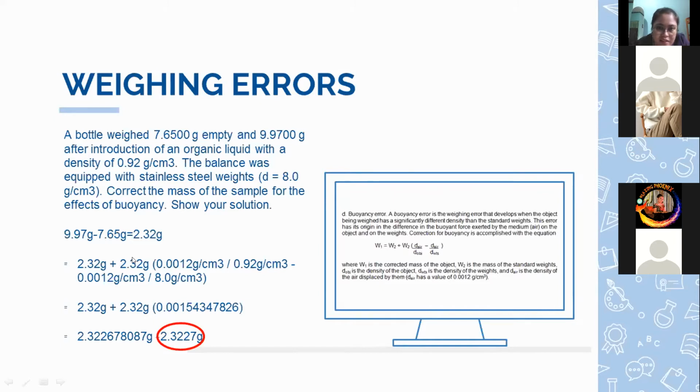So yung empty bottle is 7.665 grams. So dinededuct namin ang empty bottle doon sa bottle na may laman para makuha namin kung ilang grams or weight yung sample. So yung sample is 2.32 grams.